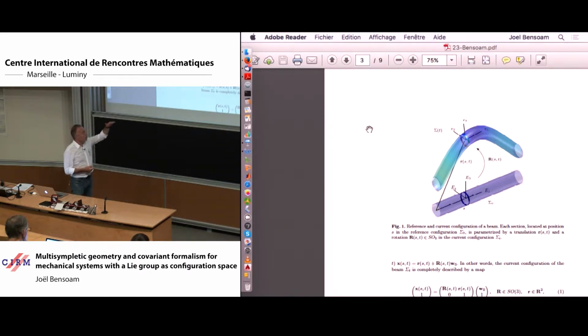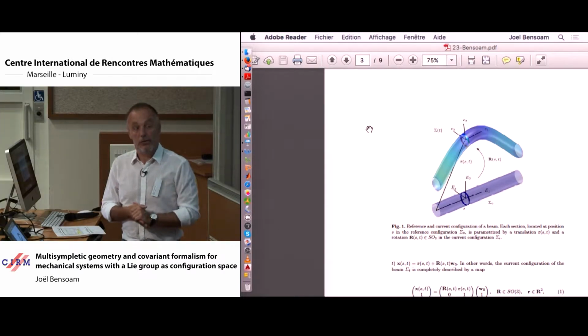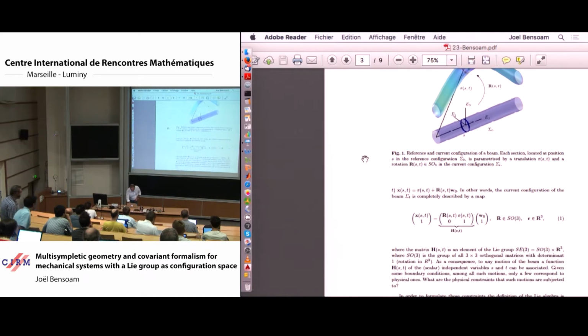So the motion of the beam is described as a surface in the space of configurations, and this space of configurations is, in this example, the special Euclidean group, that is to say, combinations of rotations and translations.